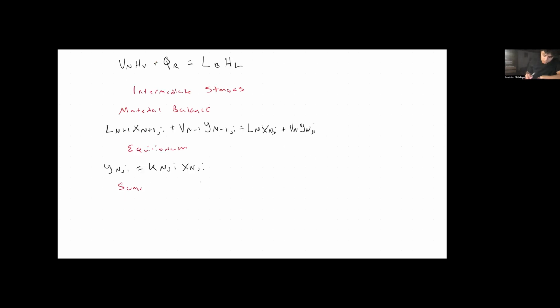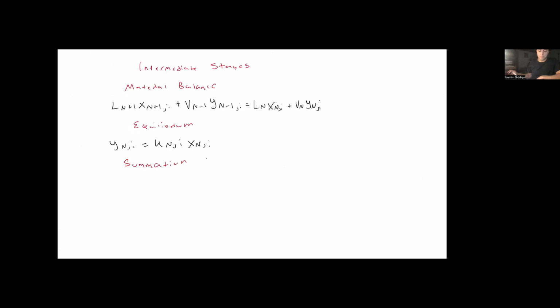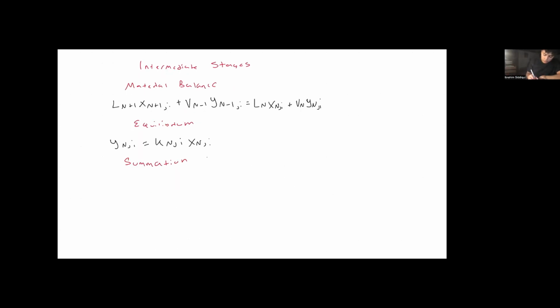So for our summation, make sure I'm recording here. Okay. So for our summation here, I'm going to say it every single time we go through it, but it's going to be equal to 1, and it's always going to involve our liquid and vapor compositions. But it always just depends what stage you're looking at.